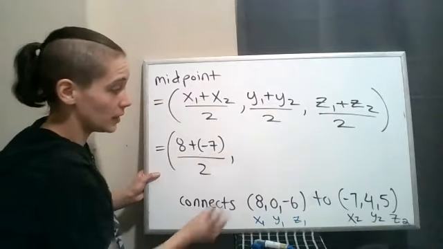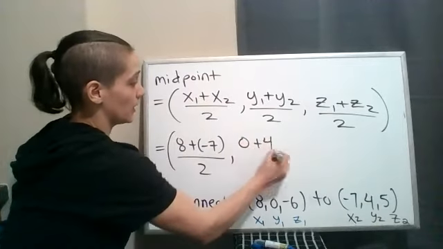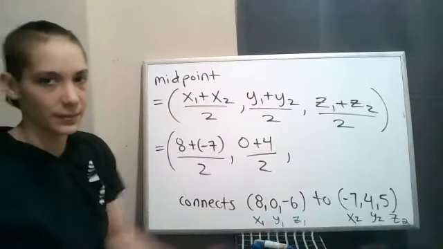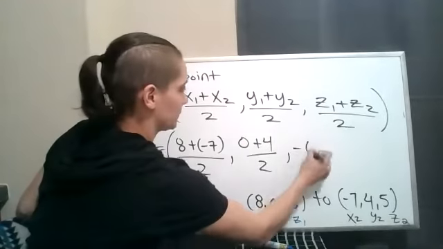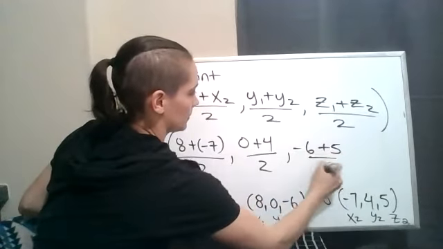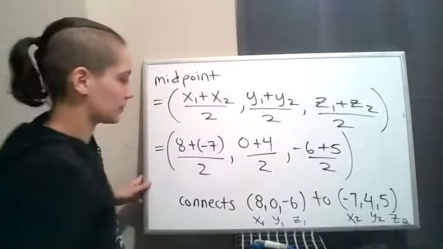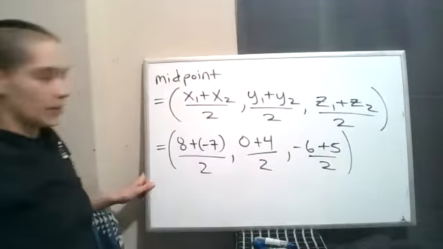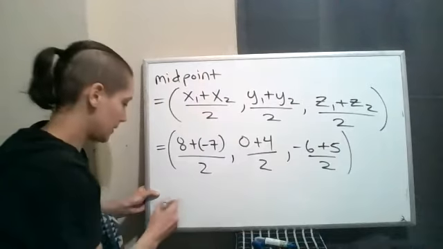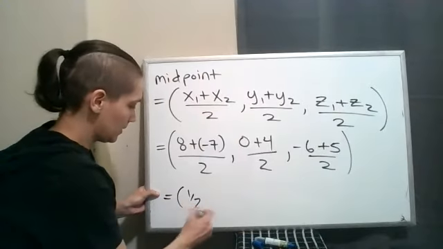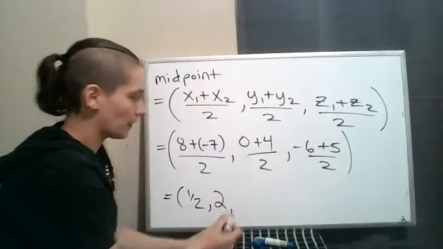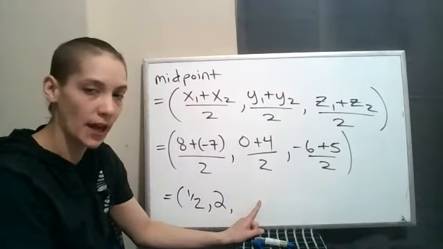And for y, 0 added to 4, divided by 2. Negative 6 added to 5, divided by 2. So the first part is 1/2. The y value would be 2. And for z, I have negative 1/2.